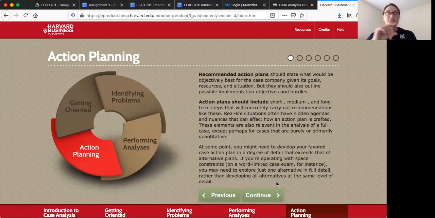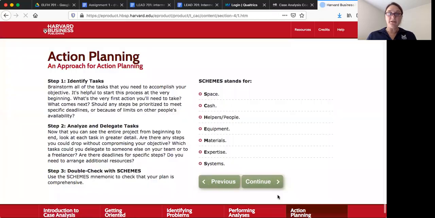So you're looking at recommendations and/or actions that are next. So this is the plan to move forward. Thinking about the goals of the protagonist or the organization, thinking about what are we trying to achieve, and making sure that you're considering all of the information that you were provided.